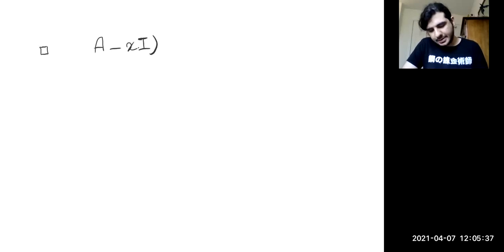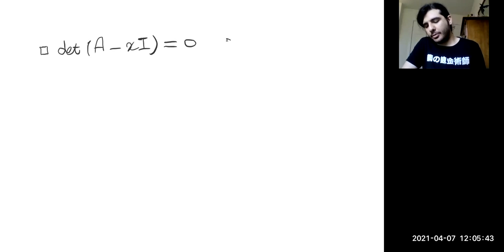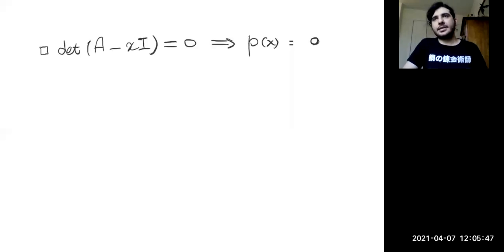We have the characteristic polynomial. Suppose I have the matrix A. I form the matrix A minus xI and compute its determinant. I set it equal to 0. It is a polynomial, right? It can be written as, say, p of x equal to 0.